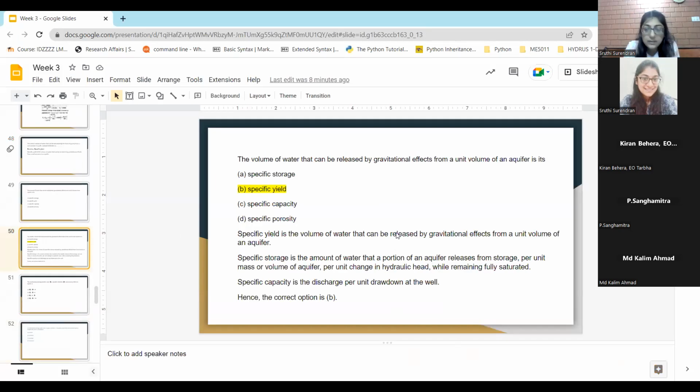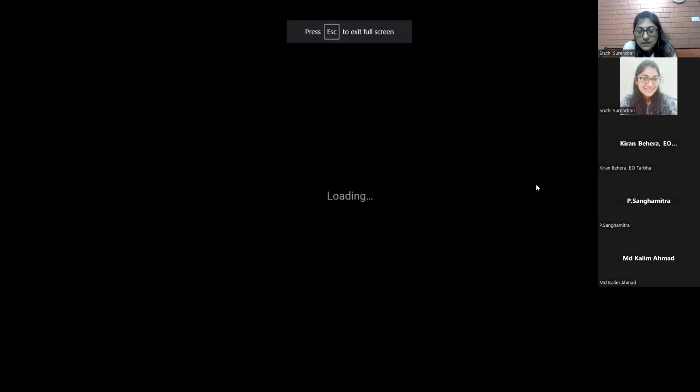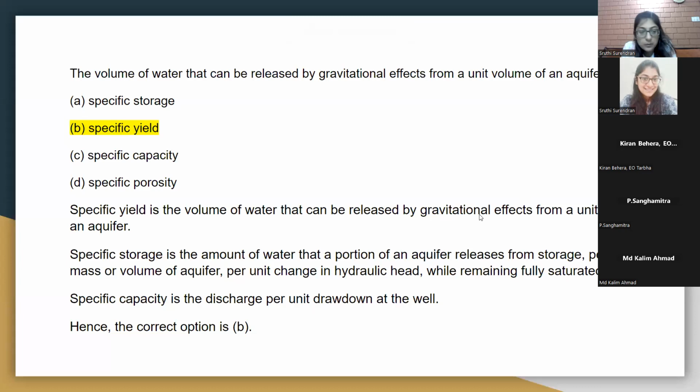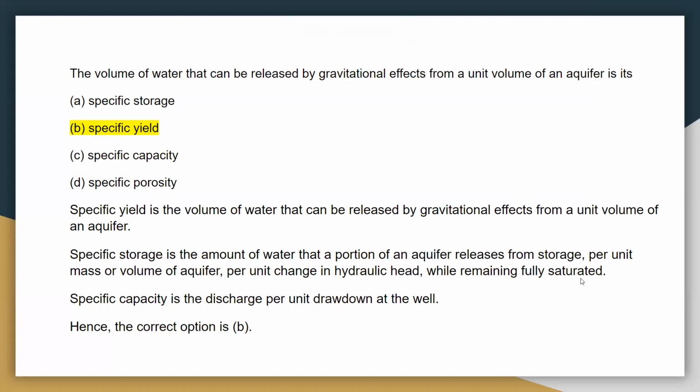Let's look into what the other terms are here. Specific yield is the volume of water that can be released by gravitational effects from a unit volume of the aquifer. What is specific storage? Specific storage is the amount of water that a portion of aquifer releases from storage per unit volume per unit change in hydraulic head when it is fully saturated.